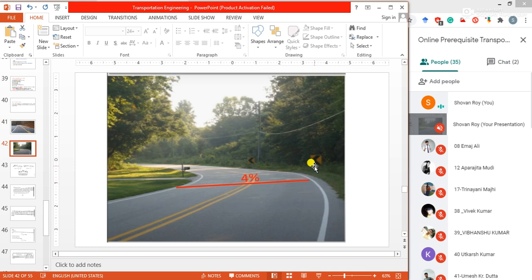This depends completely on the type of pavement surface and the amount of rainfall.